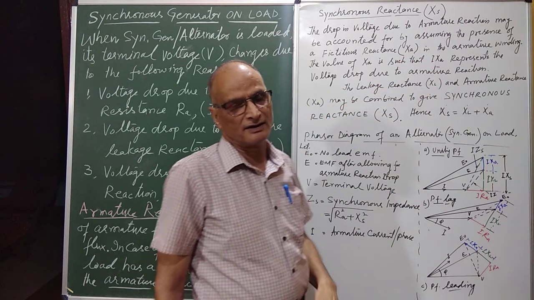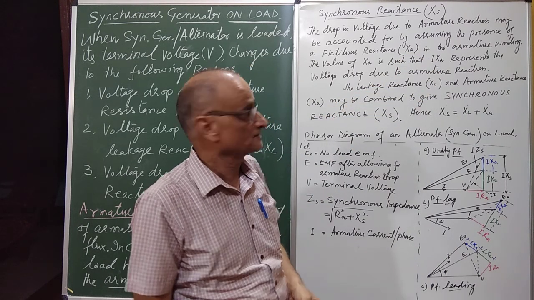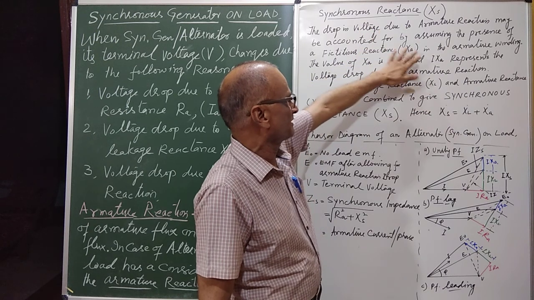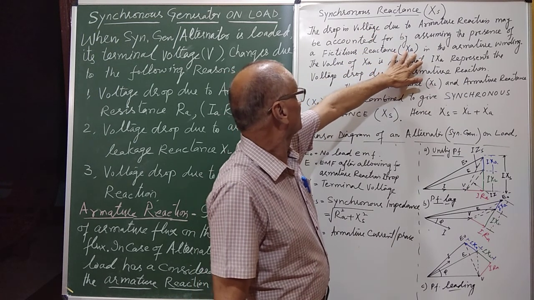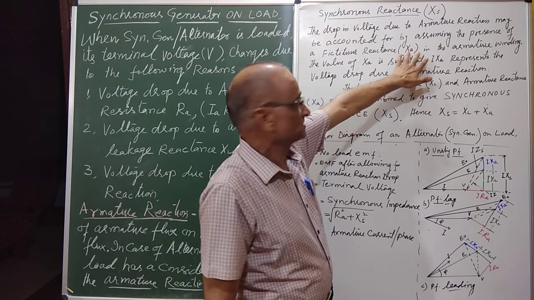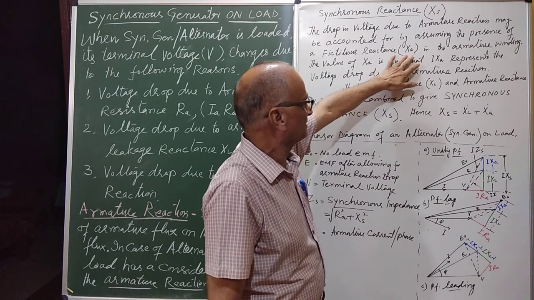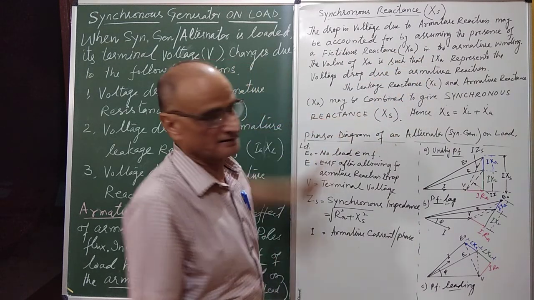XA means armature action reactance. So combination of leakage reactance and armature actions or fictitious reactance is called synchronous reactance.